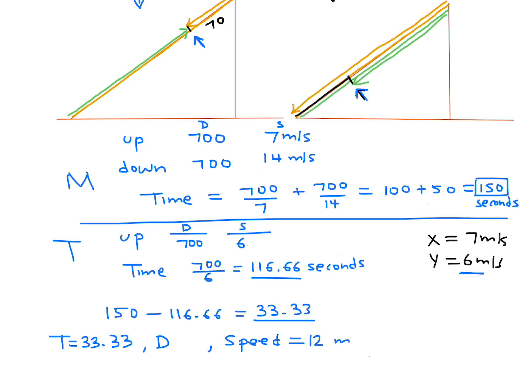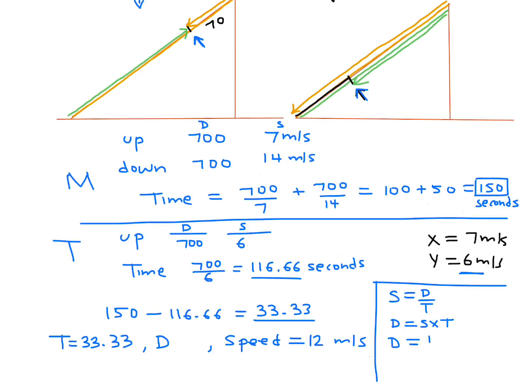So it's 12 meters per second. So what is our formula for distance, speed, and time? Remember, speed is equal to distance over time. And therefore, if we want to figure out distance, distance would be equal to speed times time, like that.